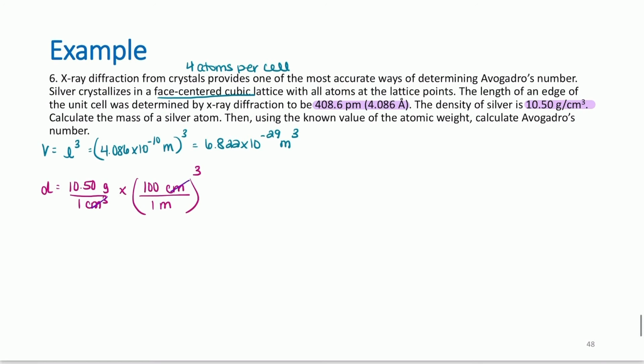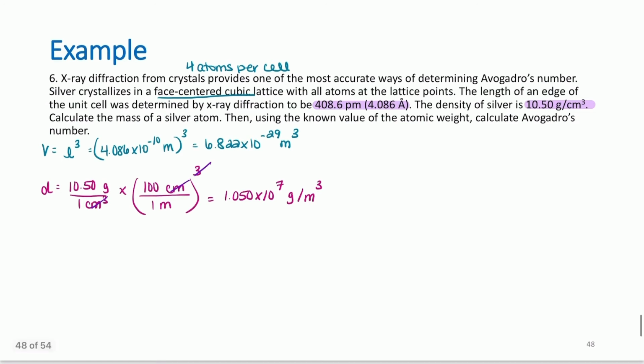So this cancels this out for me. This gives me 1.050 times 10 to the 7th grams per meter cubed. If I had an entire meter cubed of this stuff, that'd be like a box that's 1 meter by 1 meter by 1 meter. It would weigh 1.05 times 10 to the 7th grams. It's a lot bigger box than 1 centimeter by 1 centimeter by 1 centimeter.